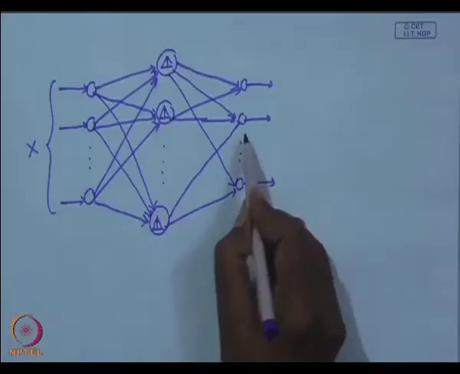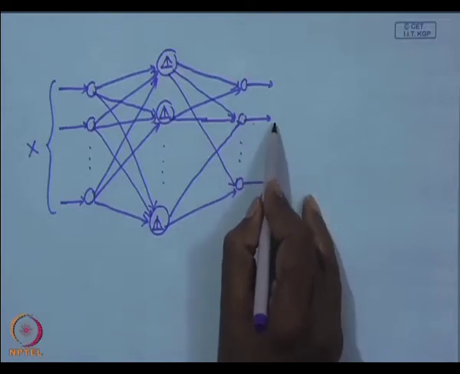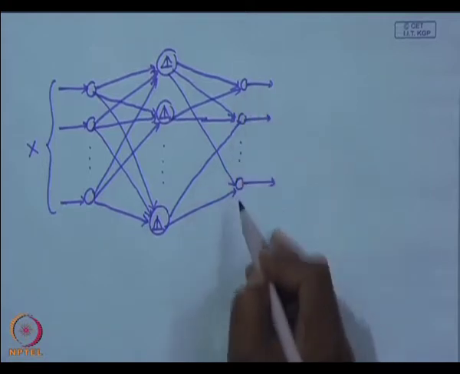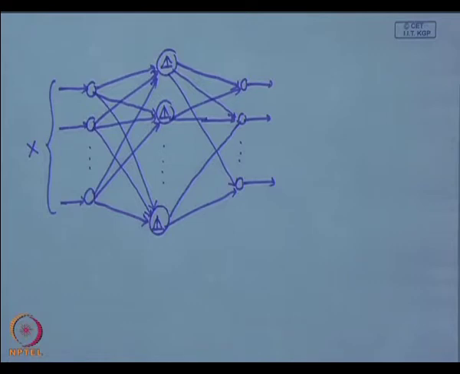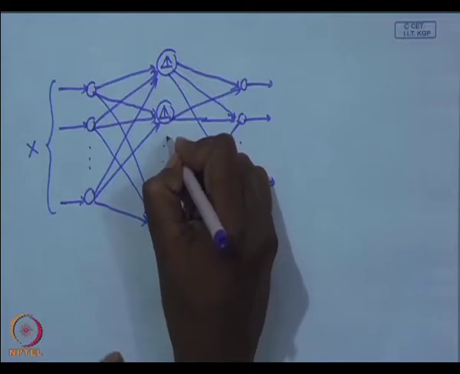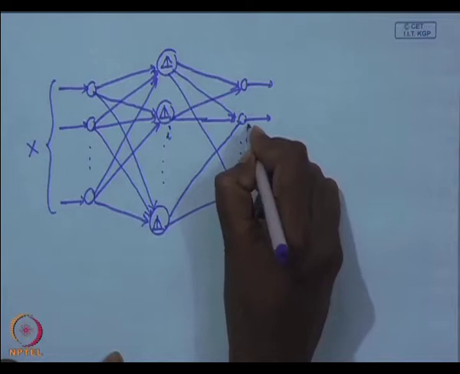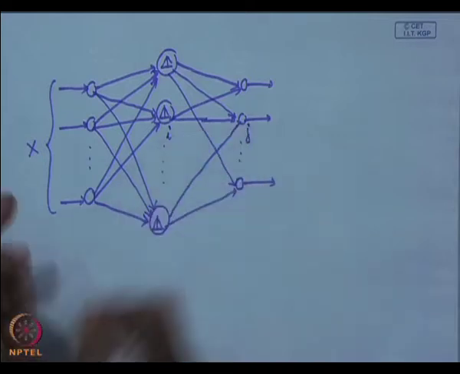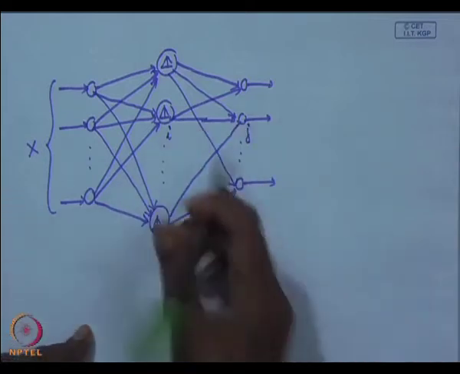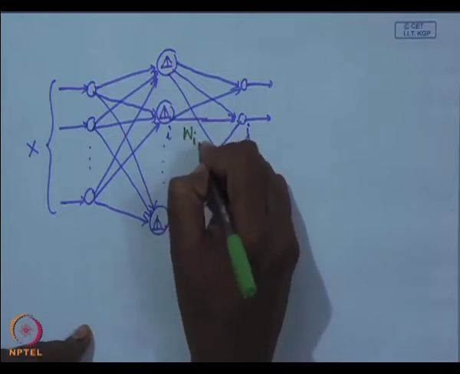So, if my input feature vector x belongs to say the ith class, then the output of the ith output layer node will have a high value, likely to be 1, and outputs of all other output layer nodes will have a low value, likely to be 0. And I assume that the ith node in the hidden layer is connected to the jth node of the output layer through a connection weight, say W i j.